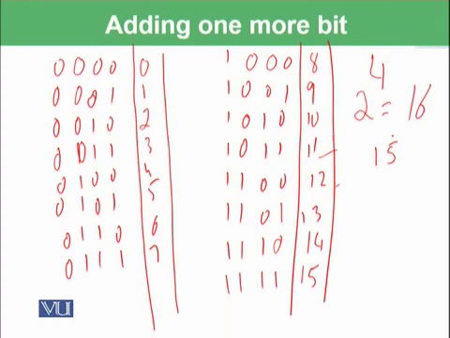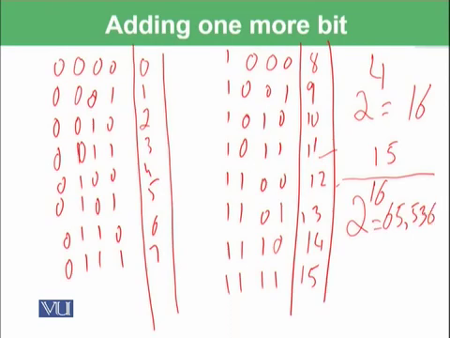If we generalize this concept, if we have 16 bits as we were discussing in the first slide, this means we will have 2 raised to power 16 combinations, and if you perform this on your calculator, you will see 65,536.